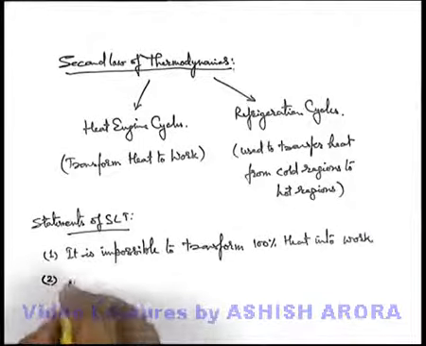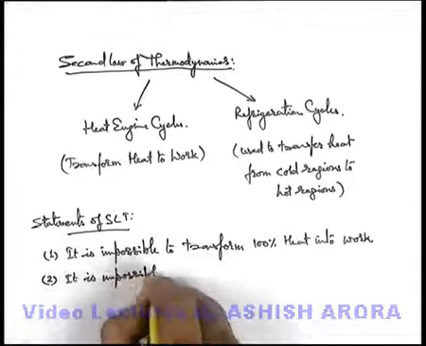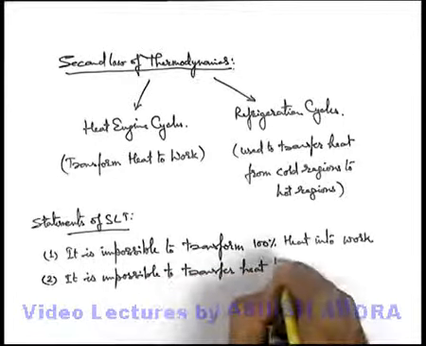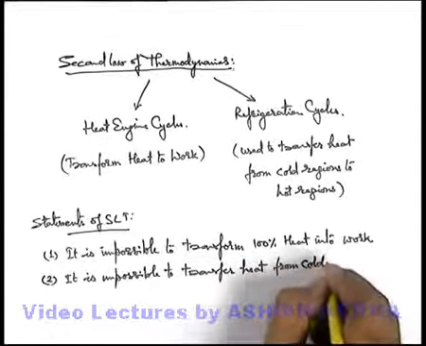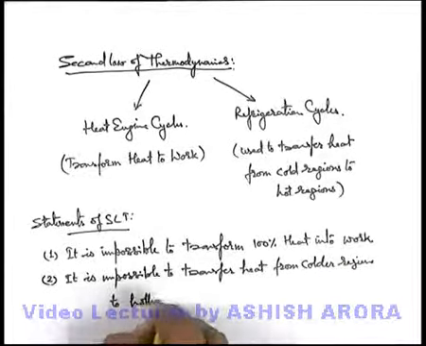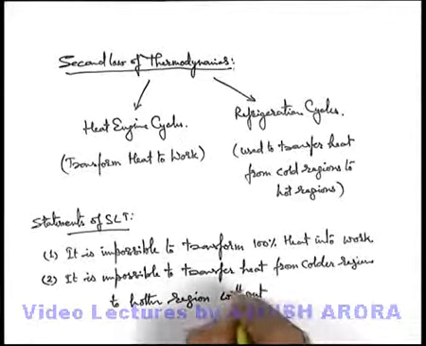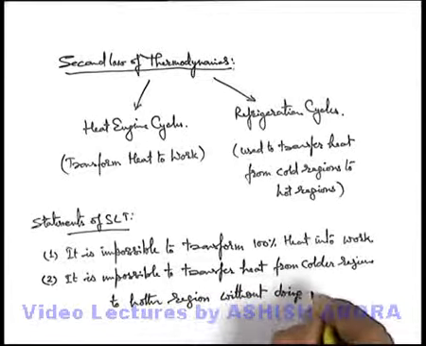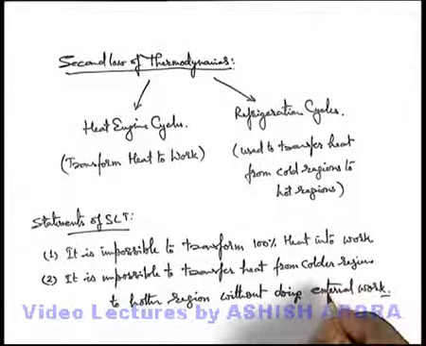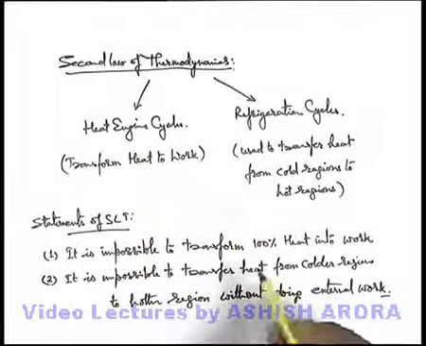And the second is: it is impossible to transfer heat from a colder region to a hotter region without doing external work. We'll analyze both of these statements in correlation with the heat engines and refrigerator cycles step by step in detail.